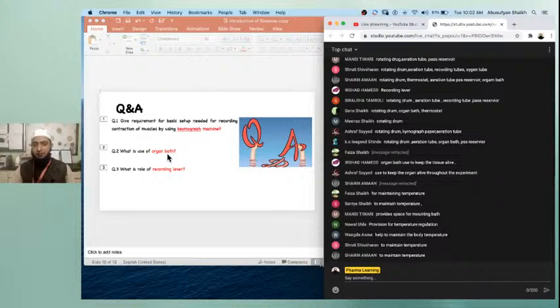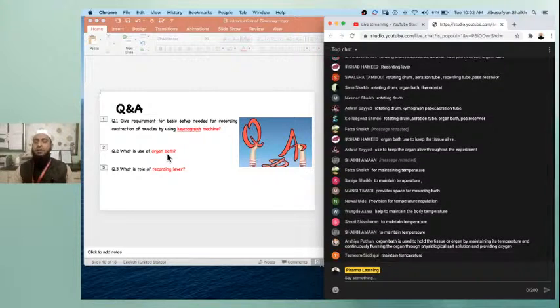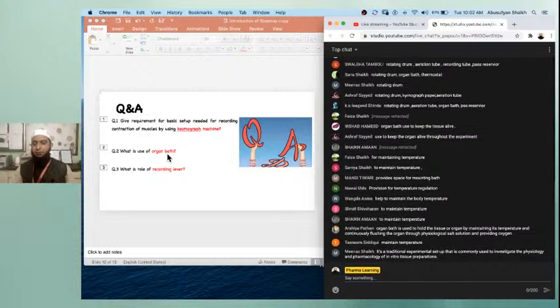Very good, Faiza, very good, Sania. It is used to maintain the body temperature with the help of the thermostat at 37 degrees Celsius. And the second important thing is you are immersing the tissue and adding physiological salt solution so that oxygen as well as the required salts can be provided in the form of PSS.